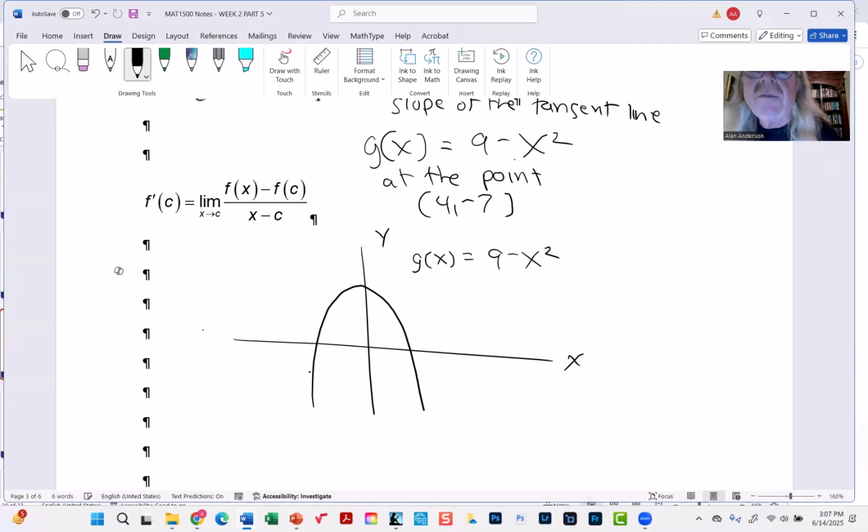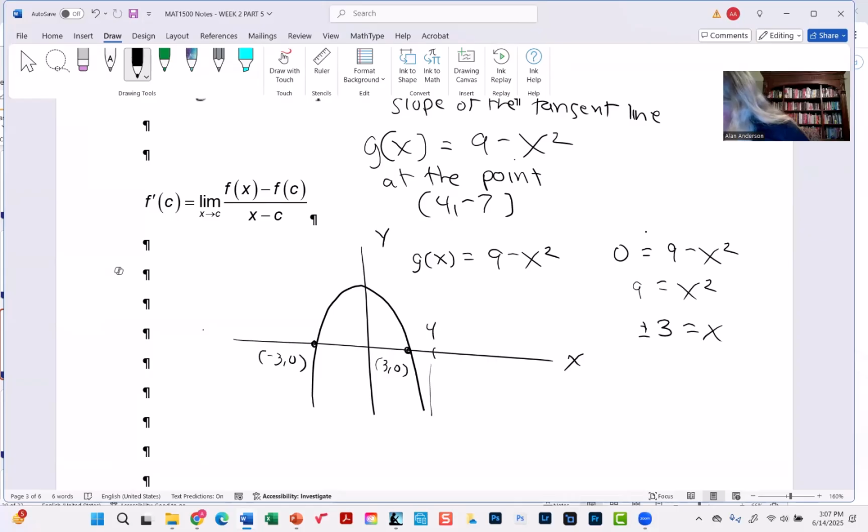Now, because it's 9 minus x squared, the two points where this graph crosses the axis are 3 and -3. So the 4 would be here, and it's going to touch right about here at (4, -7).